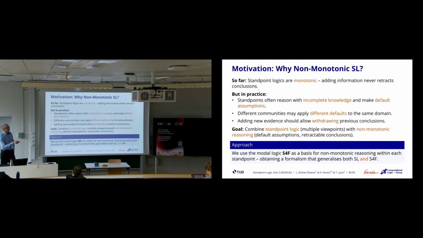In particular, in practice, we face the issue of not always having complete knowledge about all the details in our domain in a certain application. And typically, incomplete knowledge is dealt with by making some useful default assumptions in a way that we can withdraw them later on should it turn out that these assumptions have been wrong.